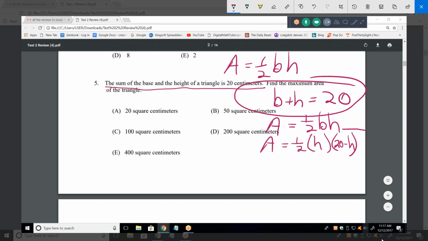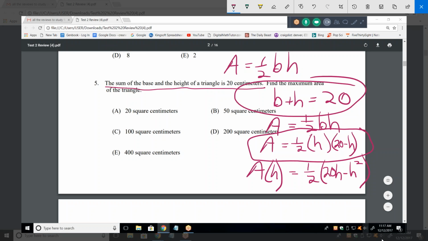Now we've got a function that we can maximize because we know we're looking at a quadratic. So it's a function of h, and it is 1/2 times 20h minus h squared. We'll simplify that.